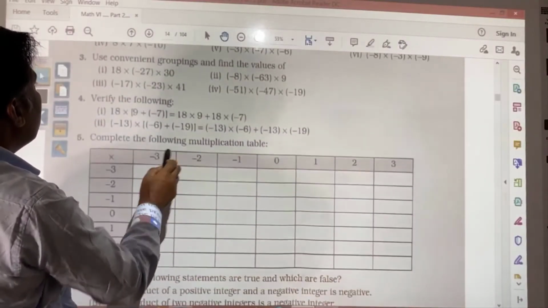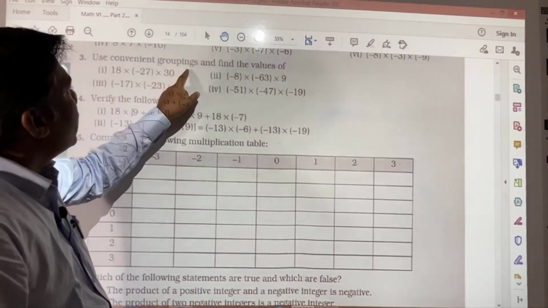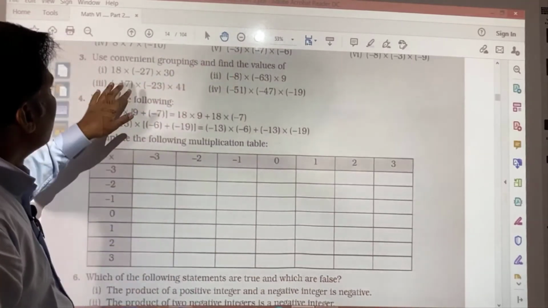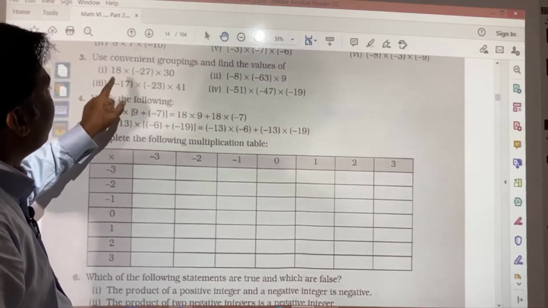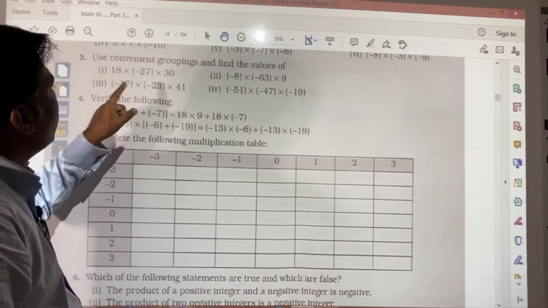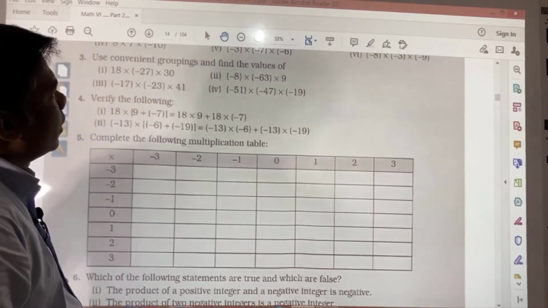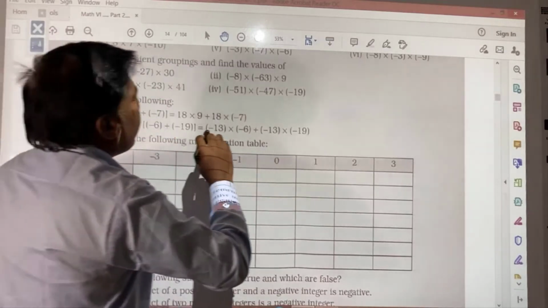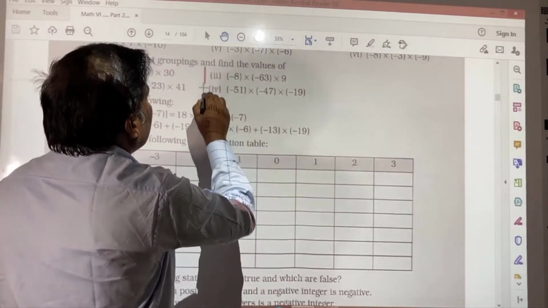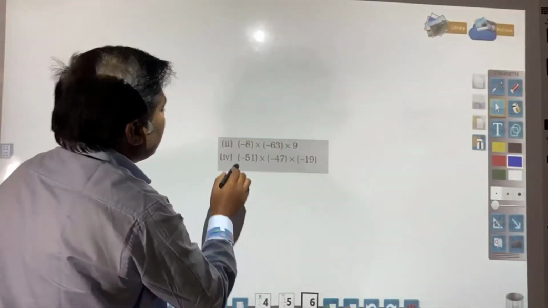Next you see, use convenient groupings and find the values. You need to see how it should be grouped so that you will easily be able to multiply. Here you see, these two questions we will take.